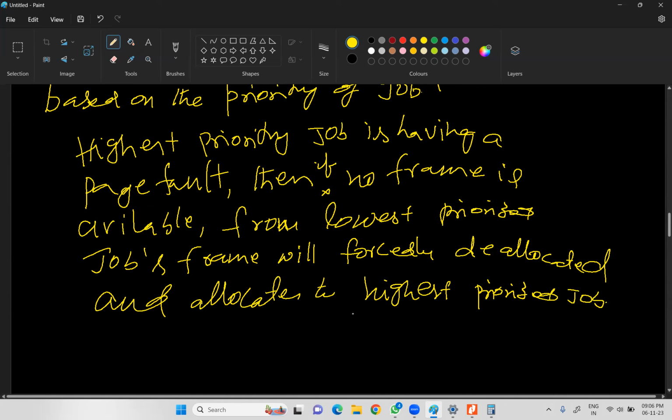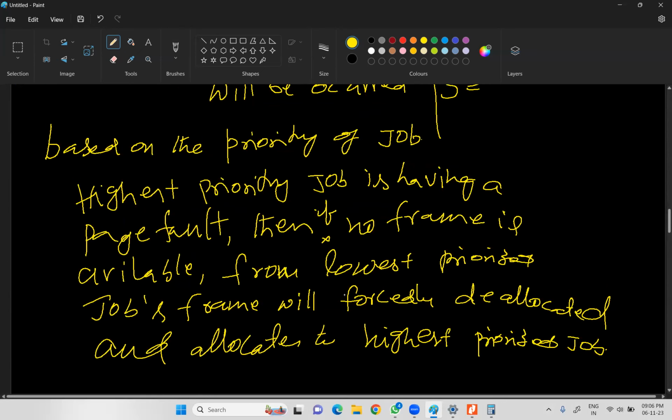So allocation will be based on the priority of the job. If any highest priority job is having a page fault and there is no frame available at the global place, then the lowest prioritized job's frame will be forcibly deallocated and allocated to the highest prioritized job. This is being done.